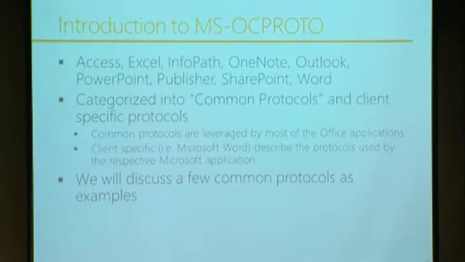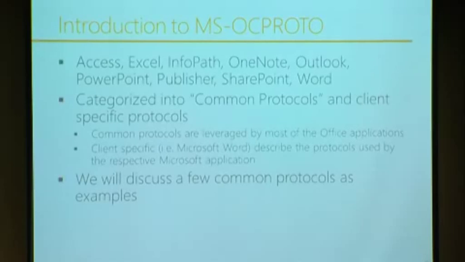First, by the common protocols, which are the protocols that all of the applications support. And then you've got the unique protocols. So, for example, Word supports the MS-MetaWeb protocol, but it's only Word that supports that. So you've got these 2 categories of data when you look at the document and how it's broken up.